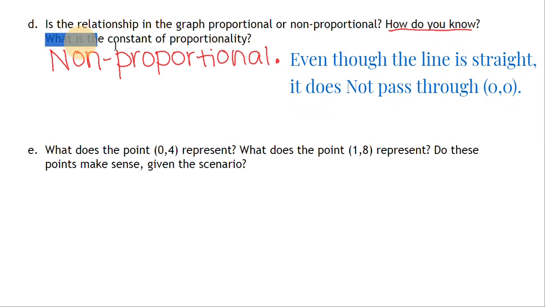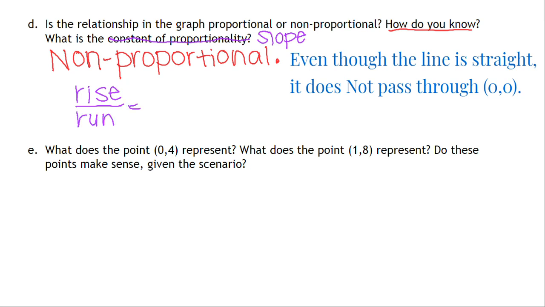And then finally, what is the constant of proportionality? Well, that is a very silly question because if it's not proportional, there can't be a constant of proportionality. However, if we were to change this, what is the slope? Let's just change this to slope. The slope is going to be our rise over run, which our constant of proportionality would be the same. But since we're not proportional, we're not going to call it that. We're going to call it rise over run, slope.